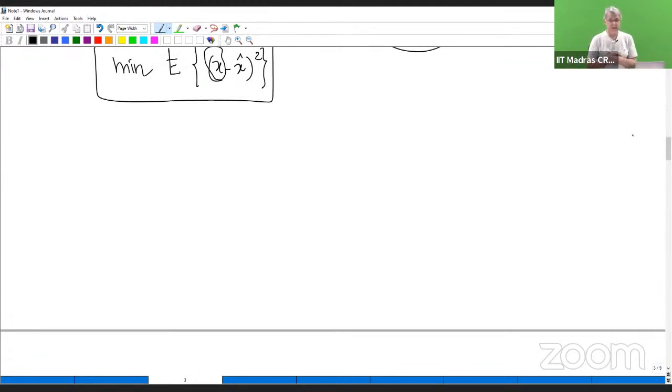Now, in the case of the LQR, I also wrote down the solution for the LQR. Remember the Riccati equation, all that stuff. So what he wrote down was the following.